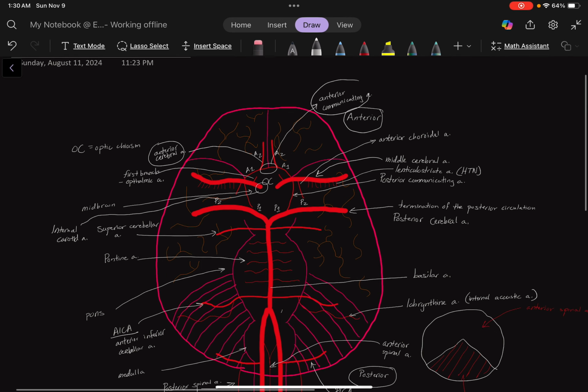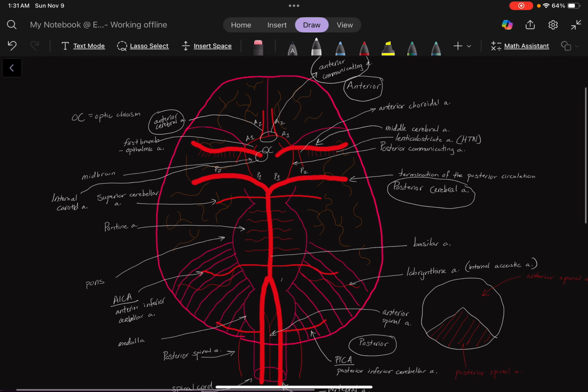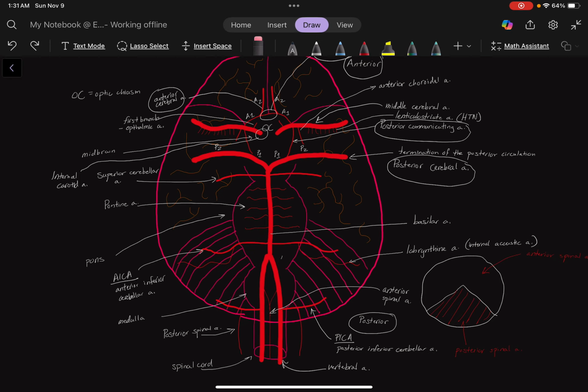It contains the posterior cerebral artery, and the posterior communicating artery. Okay? So these four are what make the circle of Willis right there. Okay? And that's particularly important to know.